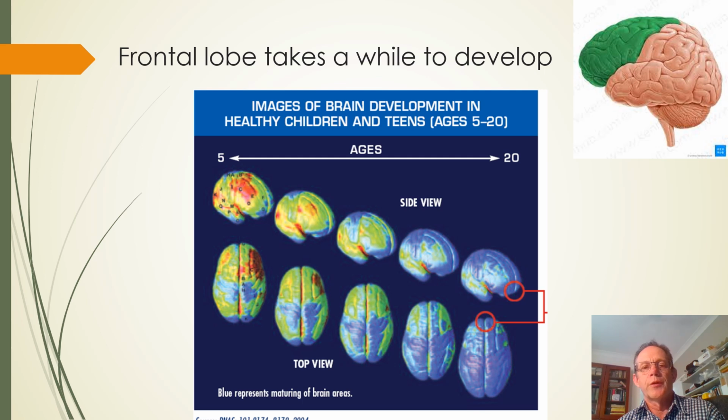All these things can affect the maturing of the frontal lobe. Remembering the frontal lobe is the key executive part of the brain. It leads to the control of impulses, and therefore this is a key part of the development of addiction. If impulse control is poor, then addiction will have a much greater tendency to occur.